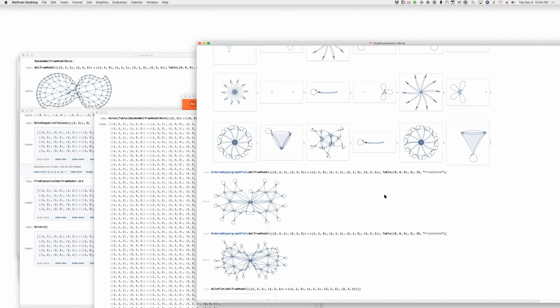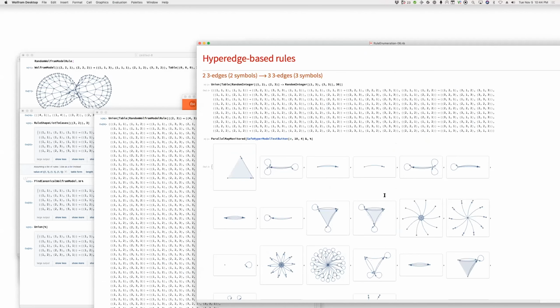Okay, so there's a bunch of rules there. And then this safe hypermodel test button. So that's in fact what I would want to do there.